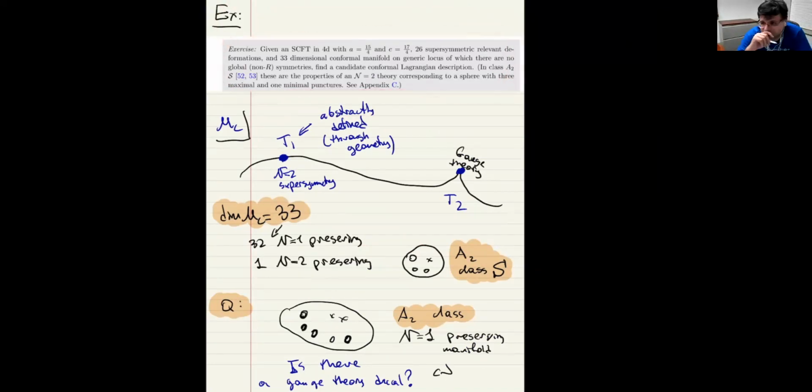So preparing for these lectures, you know, we have found many instances of such conformal dualities before, but I thought I should come up with something new for these lectures.